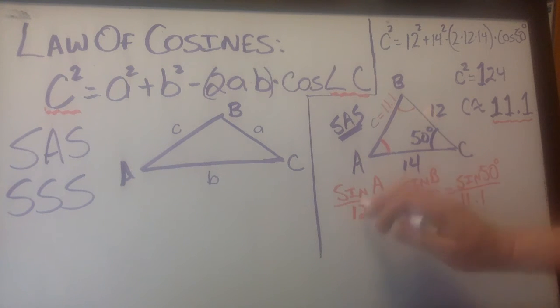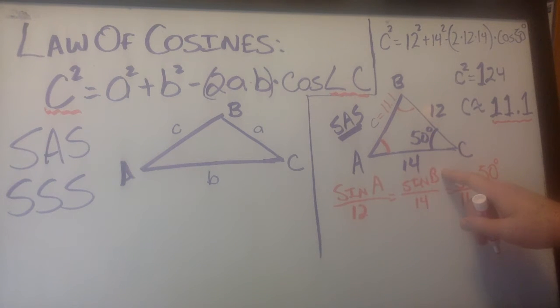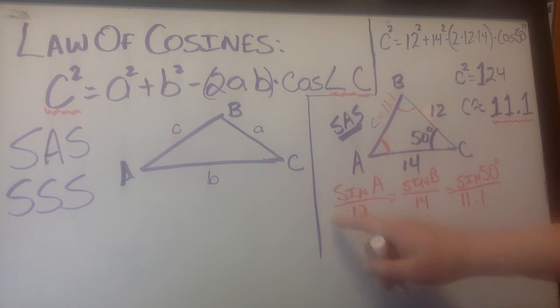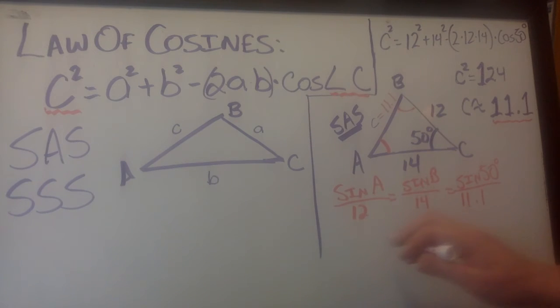If you're solving for one of these two, pick the smaller of the two sides. That means angle A is smaller than angle B. Find the smaller of the two angles. So in this case, you're going to find angle A.